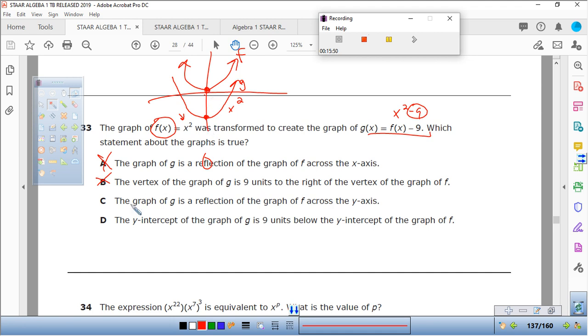The graph of G is reflected across the y-axis. So bring this side and flip it over to the other side. No, this is ridiculous. The y-intercept of the graph of G, the one below, is 9 units below the y-intercept. Cha-ching.